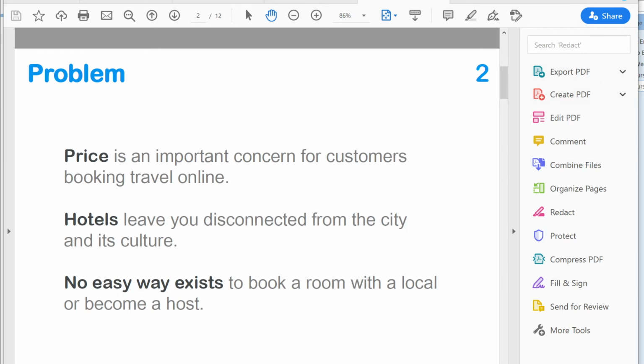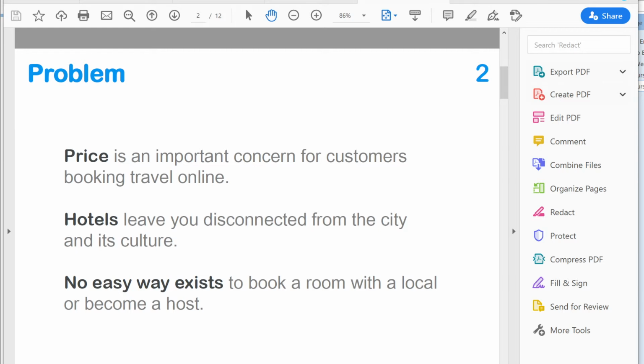Hotels are usually pretty expensive, and hotels leave you disconnected from the city and its culture, because if you go into a chain hotel, you're really staying in a format that's native to the hotel chain. So you're buying into the hotel's culture, not necessarily the local culture. But the third problem here is there's no easy way to book a room with a local or become a host.